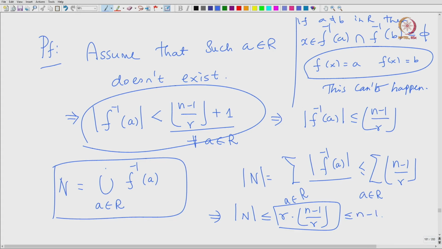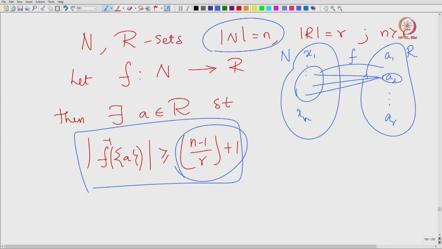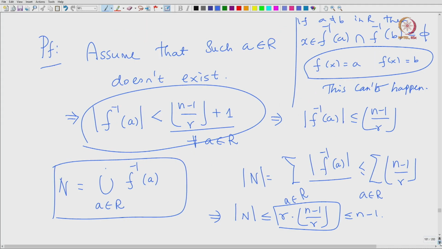So, that tells you that the cardinality of N cannot exceed n minus 1, but from our assumption we see that the cardinality of N is strictly larger. So, we arrive at a contradiction, which proves that the assumption we made in the beginning is wrong.